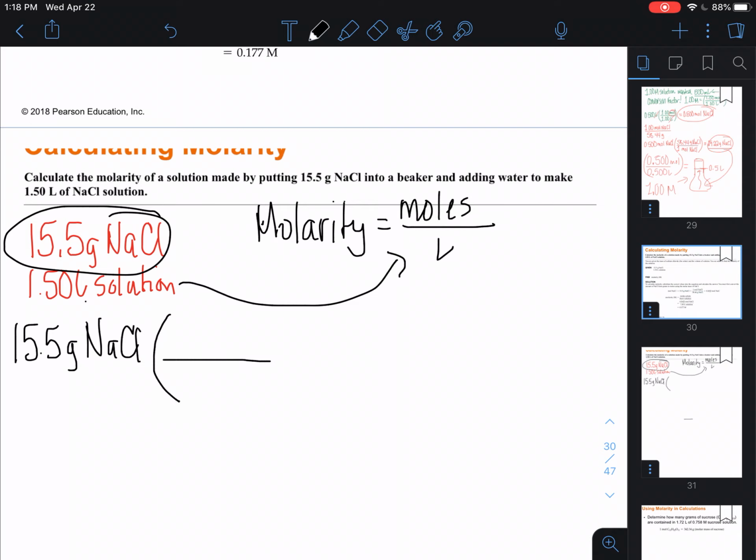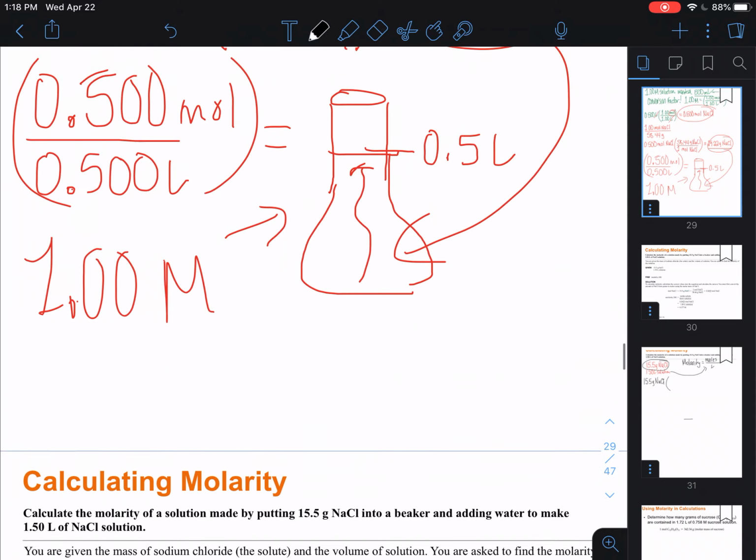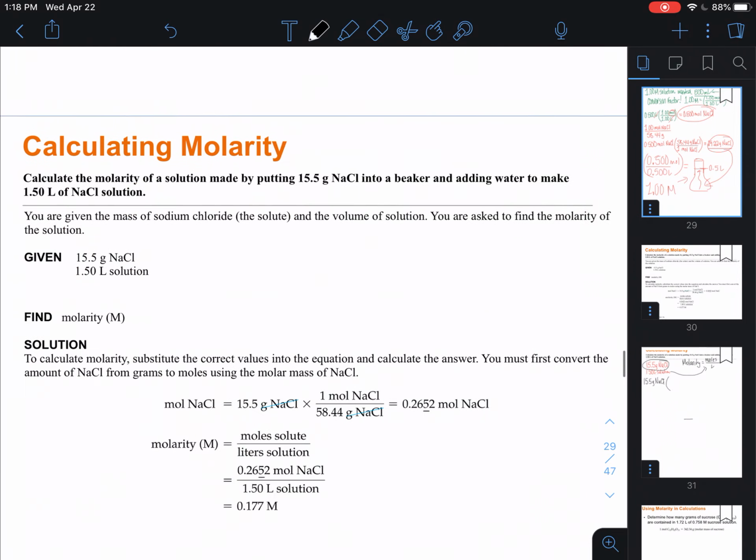And we do that using the molar mass, and again, the molar mass is 58.44.